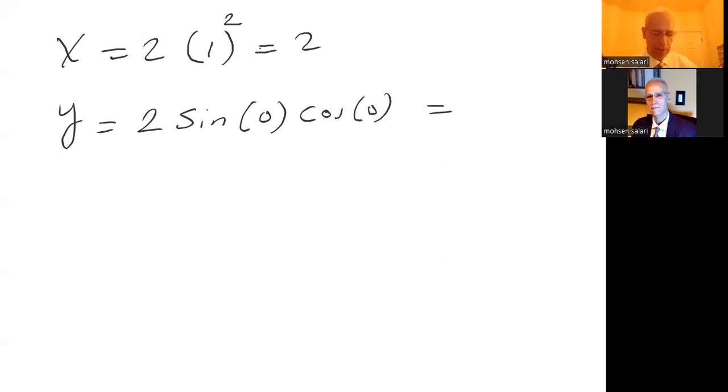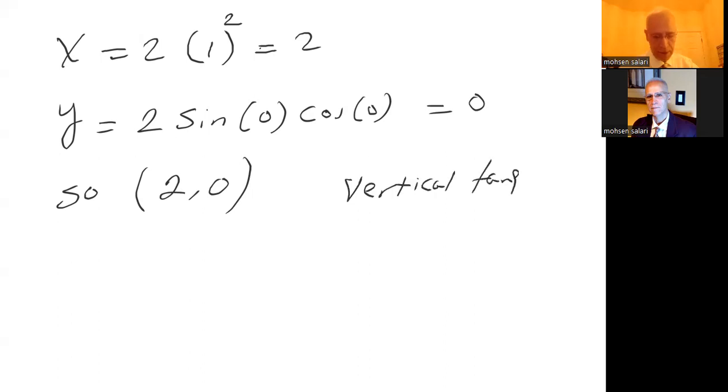Sine of 0 is 0, so it just brings it to 0. So the Cartesian coordinate point that we're looking for is 2, 0. This is for the vertical tangent line. Let me go to the next page and work on the horizontal tangent line.